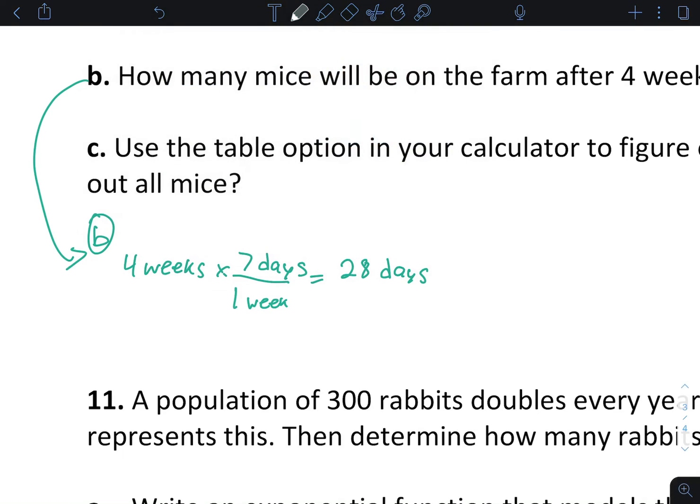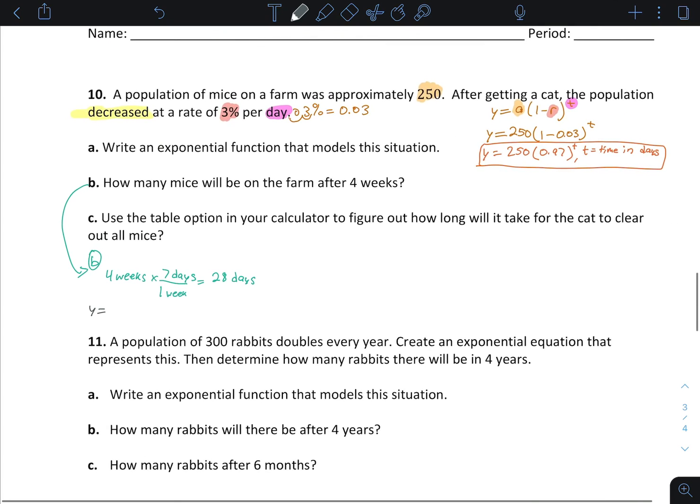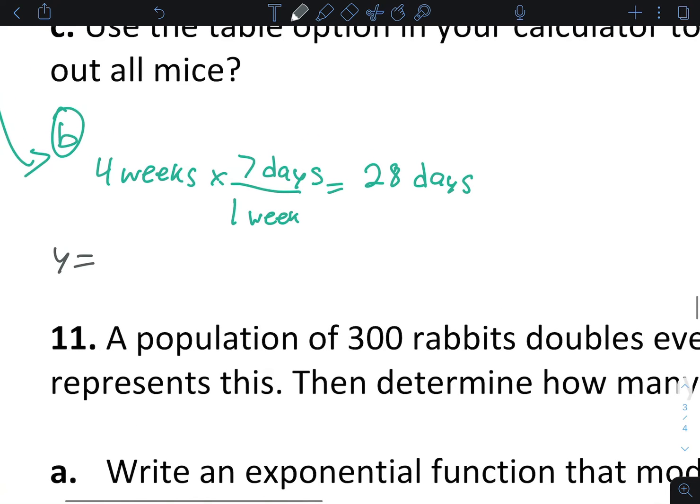That's nice, because now in my equation, I just say it was, how much was it, 250? Yeah, 250, and we could just say to the 28 power. So I have a decimal on this. This is kind of up to you.